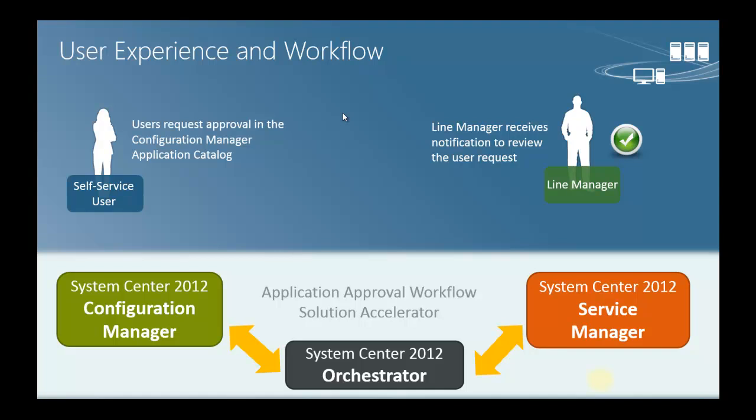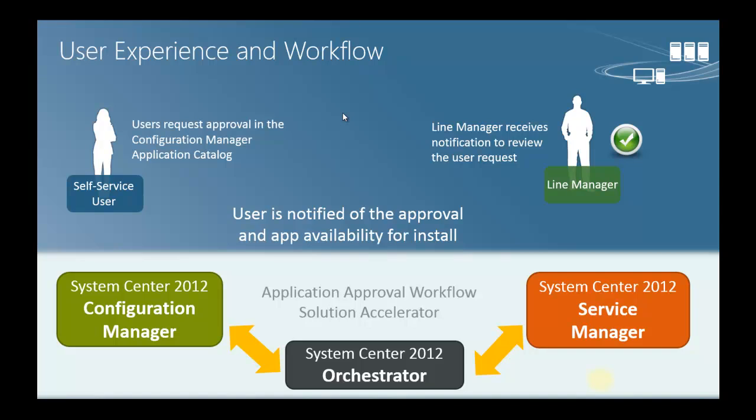Once that approval is made, Orchestrator is going to take that approval and transform it into an approval that Configuration Manager understands. So in reality, what's going to happen there is a little WMI behind the scenes to mark that request as approved.